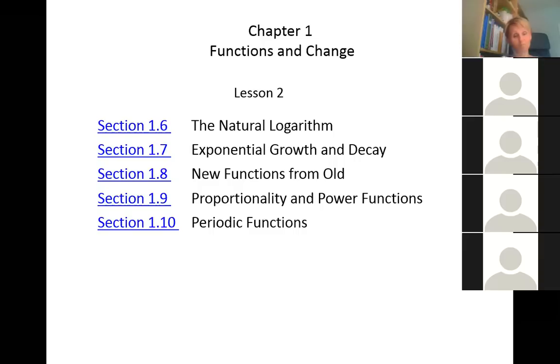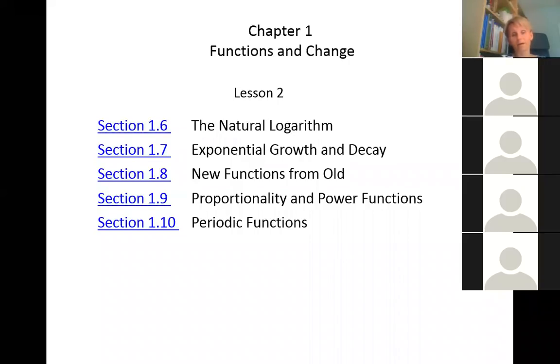You can see the topics this week. We will still talk about the exponential and natural logarithmic functions, which we touched a little bit last week, since many quantities in nature change according to exponential growth or decay.